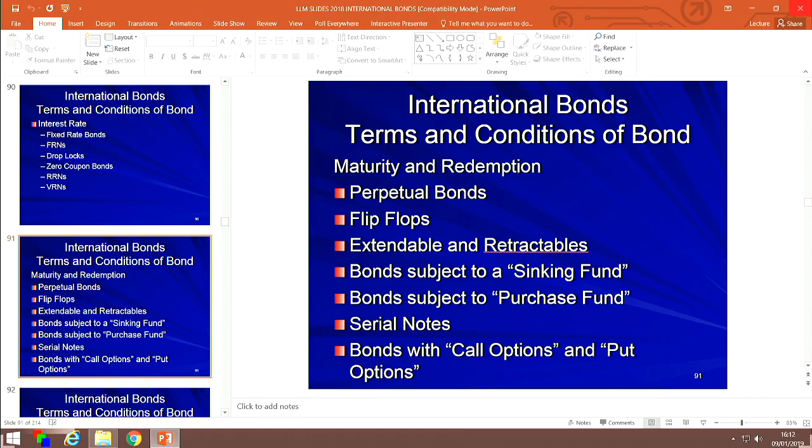Now, on an allocation of redemption under a purchase fund, Euroclear and Clearstream will say, right, Morgan Stanley, you have X million dollars of bonds. We are allocating X million to be redeemed along with the following banks up to 30% of face value. Now, at that point, Morgan Stanley has the ability to either redeem its own bonds or redeem those of its clients. And that's essentially how it works.